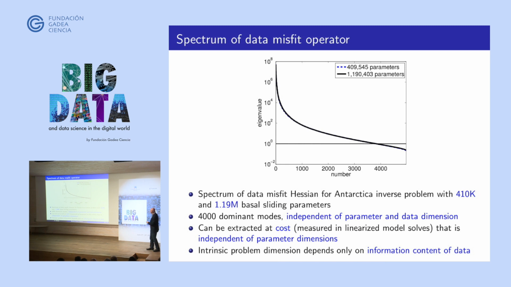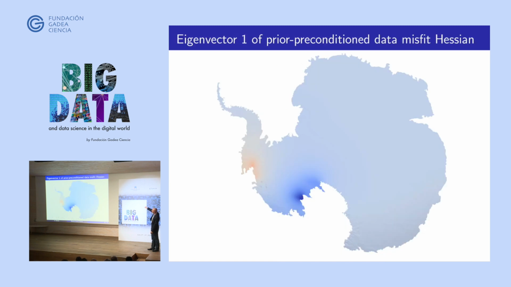All right, so just to give you an illustration of what these eigenvectors look like, I've picked a few eigenvectors from the spectrum. And so this is the eigenvector corresponding to the first eigenvalue. So this is the most informed mode. This is what the data are trying to tell us, and they're trying to tell us that this portion of West Antarctica is most informed by the surface velocity, so the boundary condition in that region.